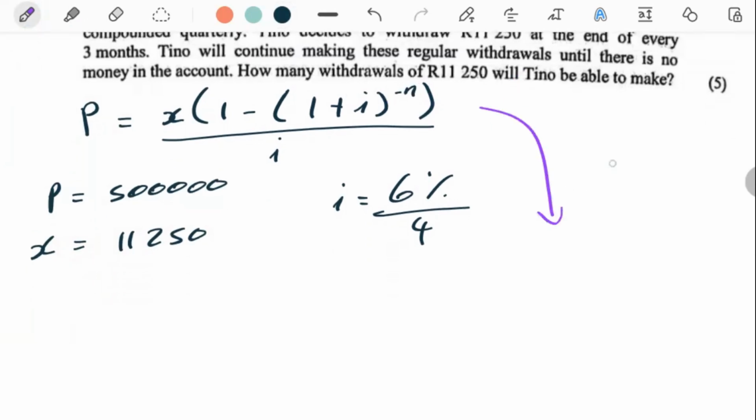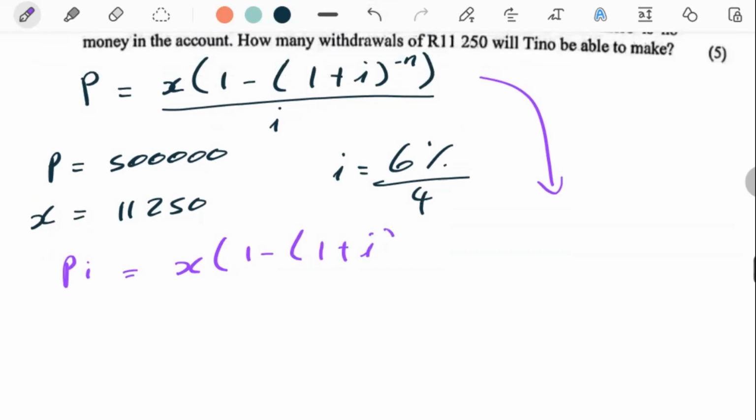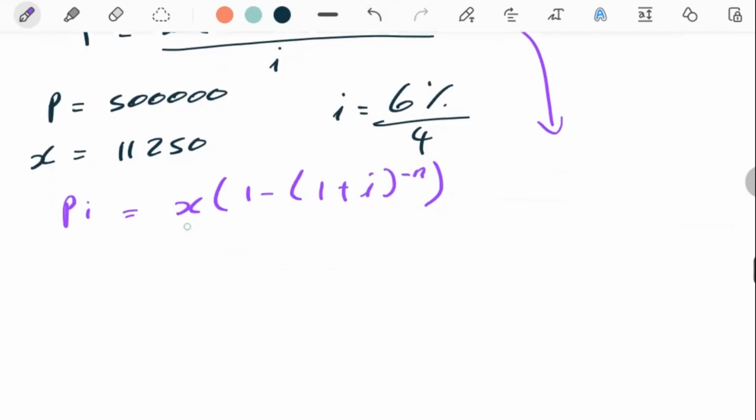But anyways, before we do anything, let's just make n the subject of the formula. So to do that, we would multiply both sides by i. This is what we would have if you multiply both sides by i. And then divide both sides by x. There you go.